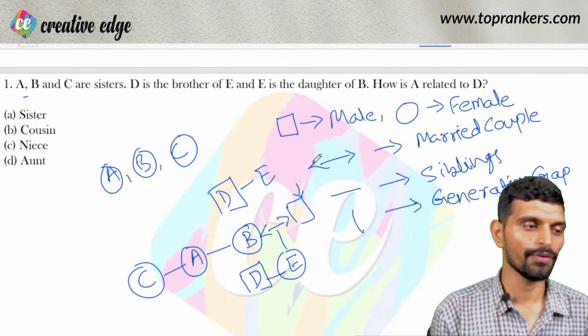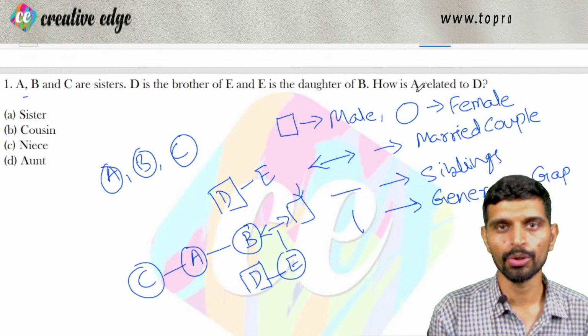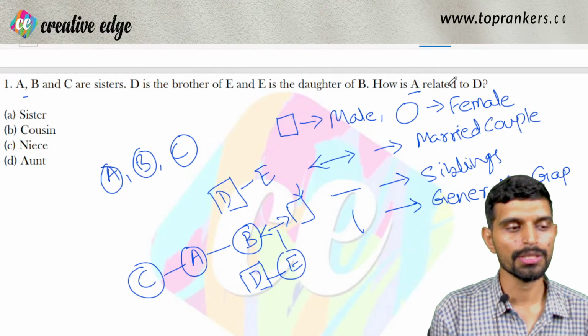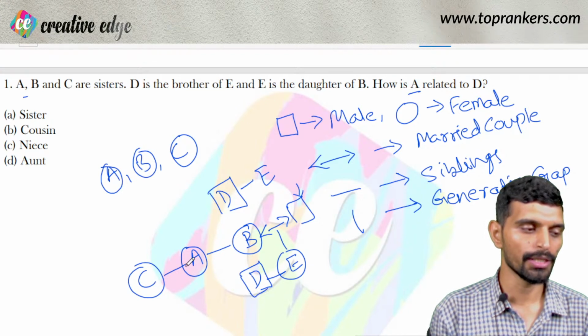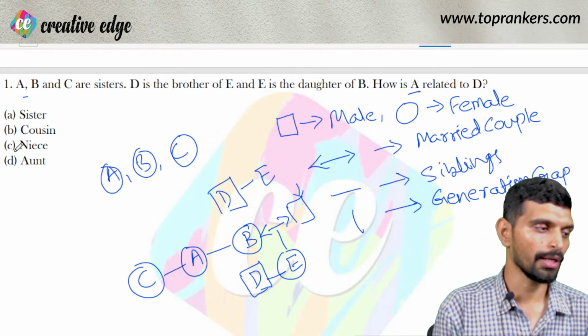We don't have any information about the husband of B, so let's not bother about it. The question is how is A related to D? So A is aunt to D. Mother's sister is aunt, right?